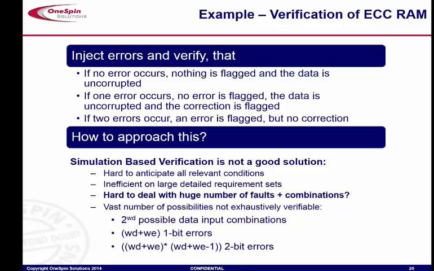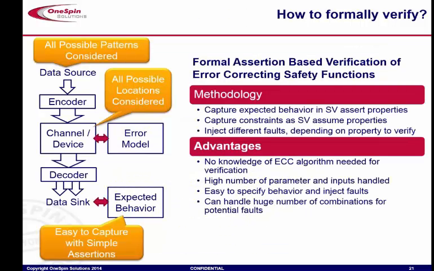And this is exactly one of the areas where formal can make a huge contribution, because here you have the possibility to just apply what we call, in this picture, an error model. So you consider all possible error locations. In the typical nature of formal, you say, okay, I have potentially an error on each bit.